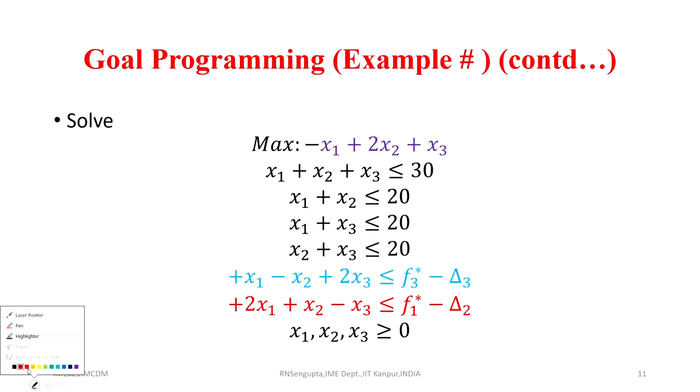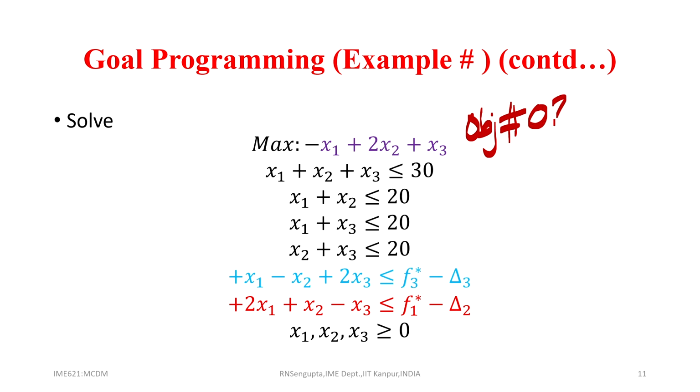So, this is the formulation of objective function 2, violet in color. The existing constraints, I will use green, 1, 2, 3, 4 and the fifth one.